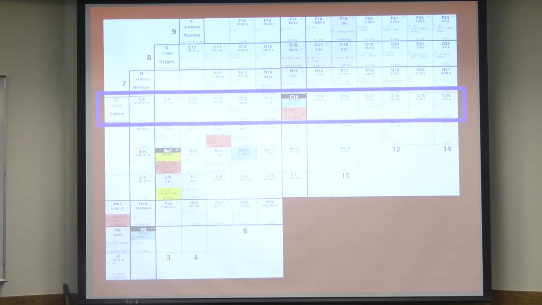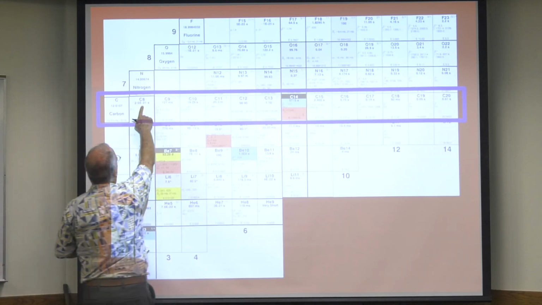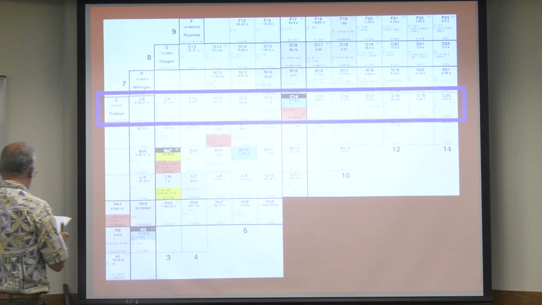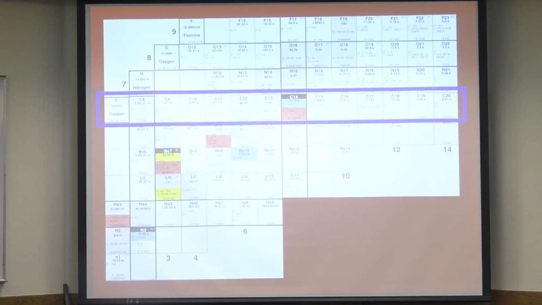So that number there represents the number of protons and neutrons. Those are called isotopes.